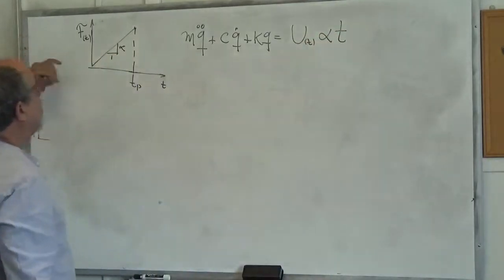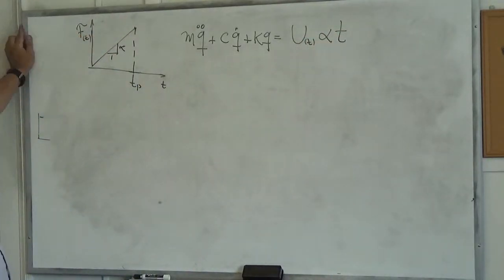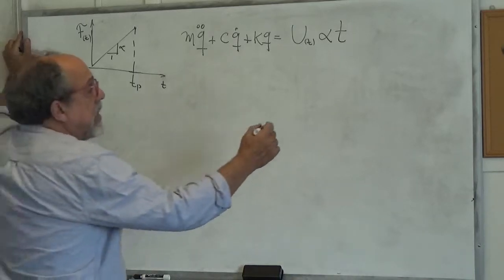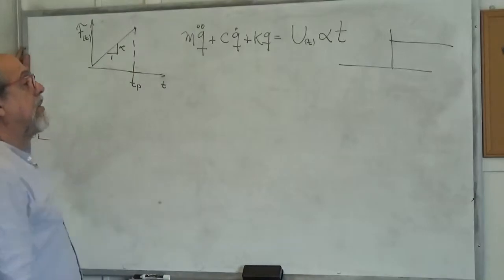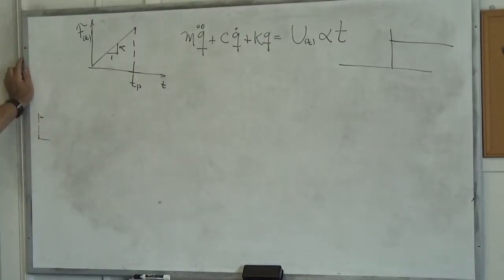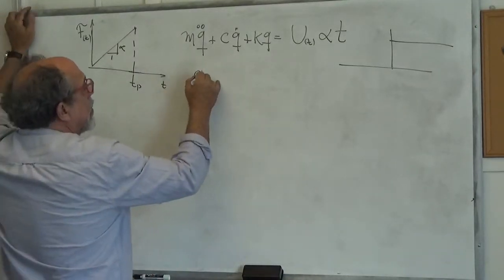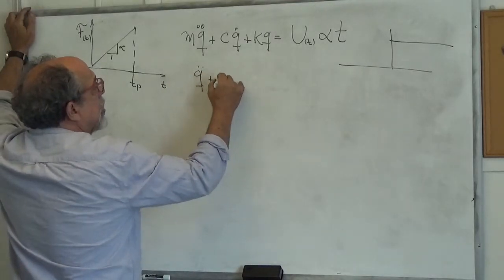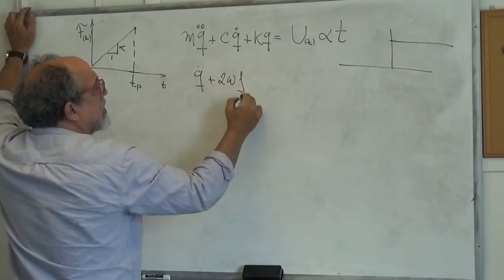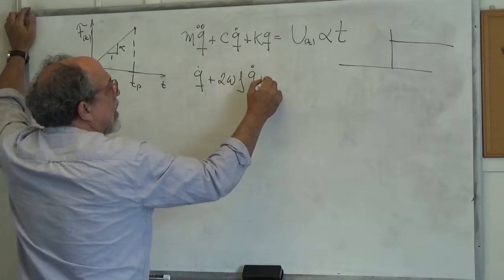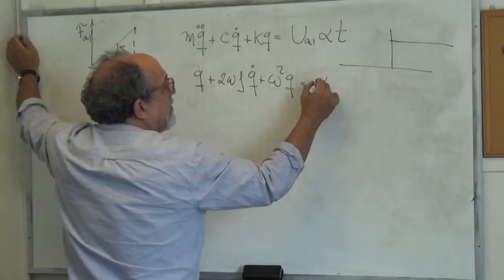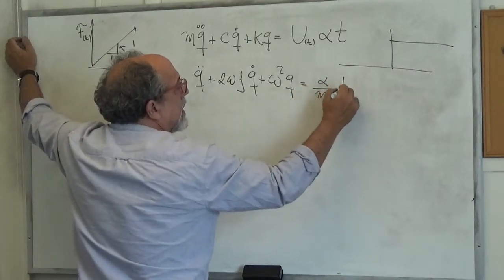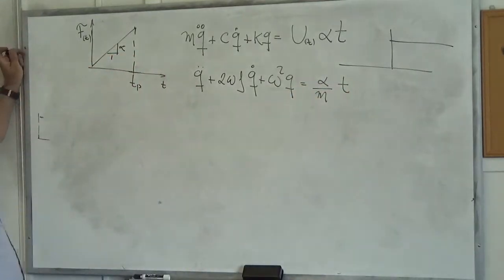So it's the slope of the load. And u of t, of course, is again the step function, the Heaviside function. So we divide by m and we get q double dot plus 2 omega times the critical damping ratio times q dot plus omega squared times q is equal to alpha divided by m times t. And I've taken the u out for convenience in notation.